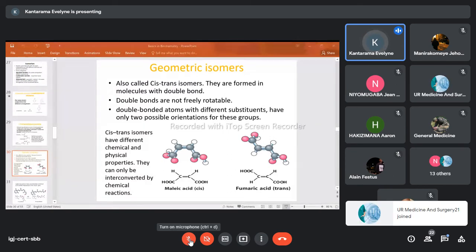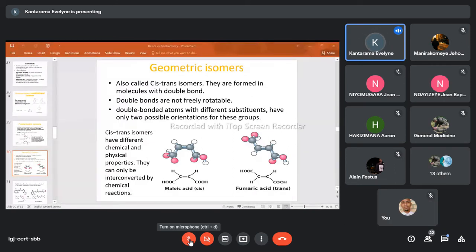So to change a cis configuration into a trans configuration, there should be a chemical reaction, differently from conformation, where conformation is just a rotation of a bond in the same molecule, only rotation. But in this configuration of those cis-trans molecules, there should be a chemical reaction to change from cis to trans.